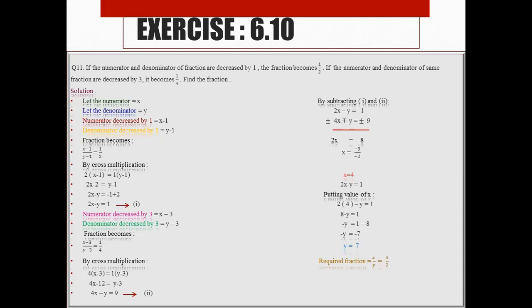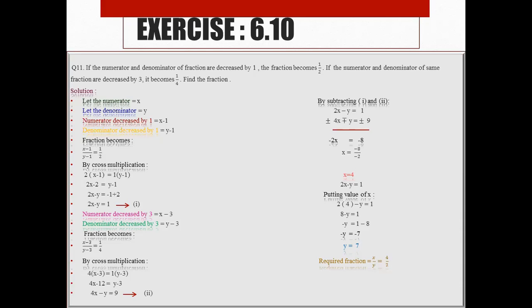This is equation 1. Come to the second condition. Numerator and denominator of the same fraction are decreased by 3. Decreased by 3 means now we subtract 3 from x and also 3 from y. x minus 3 over y minus 3 is equal to, but they become now 1 over 4. x minus 3 over y minus 3 is equal to 1 by 4.